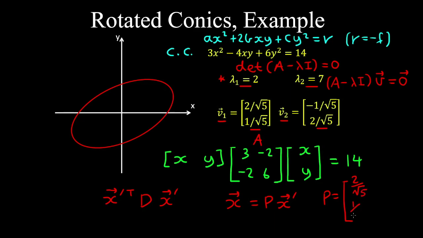So we have 2 on root 5, 1 on root 5, and then minus 1 on root 5, 2 on root 5. And you can verify this is an orthogonal matrix by taking the dot product between both column vectors and both row vectors, which should give you 0.